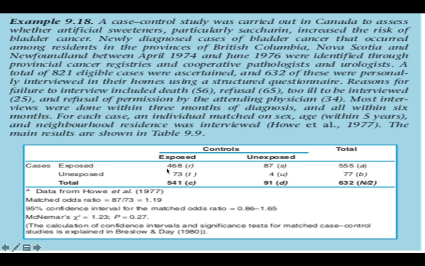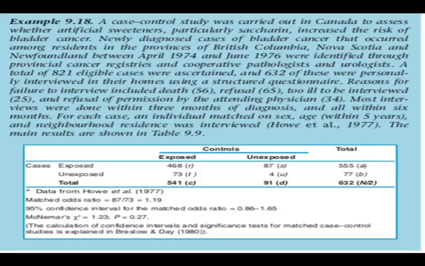For this comparison, the answer is pretty straightforward: the matched odds ratio, and we are comparing S divided by T. So unexposed controls or unexposed cases are being studied with this T value. So 87 divided by 73 is called the matched odds ratio. And then we say whether sweetness has any association with bladder cancer cases or not. So in individually matched cases, the most ideal data would be of those which are missing.